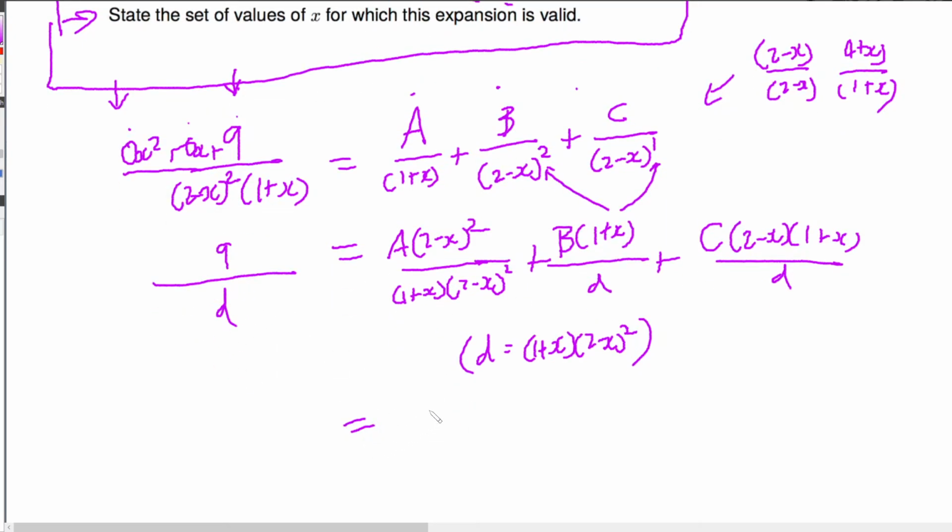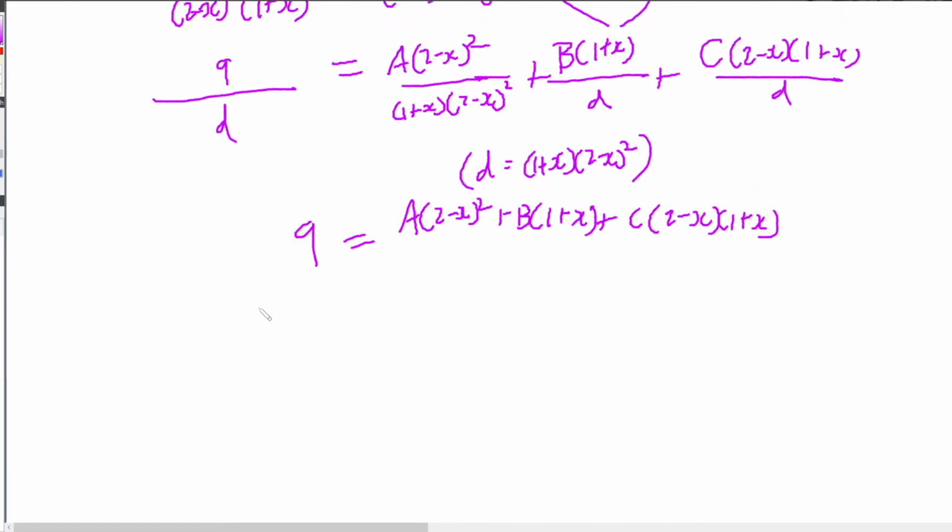Or, in other words, a(2 minus x) squared plus b times (1 plus x) plus c times (2 minus x) times (1 plus x) is equal to 9, multiplying both sides by the denominator.